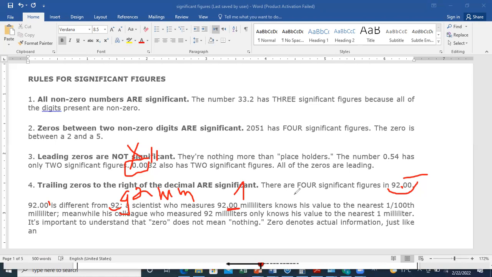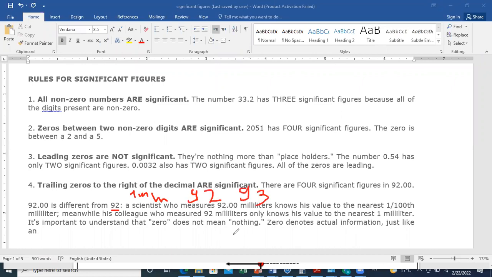So when I say my measurement is 92.00, I am able to measure up to 0.01 millimeters. However, when I say my measurement is 92 millimeters, I can just measure up to 1 millimeter. When I read, I can read 92 or 93 or 94.